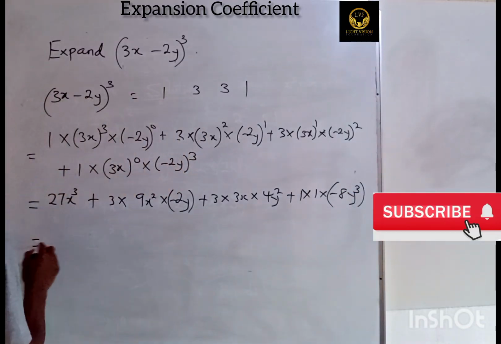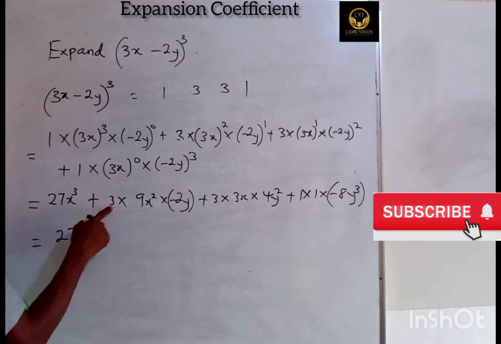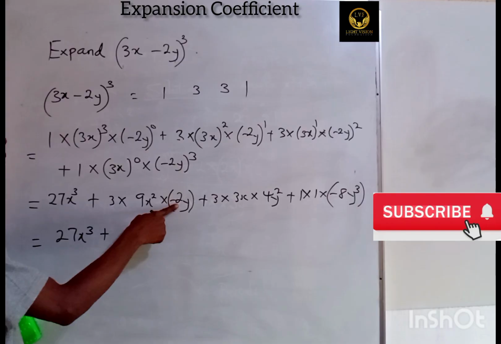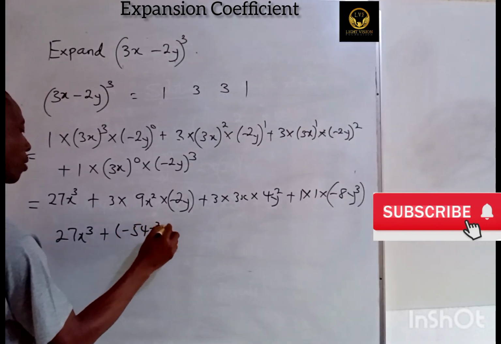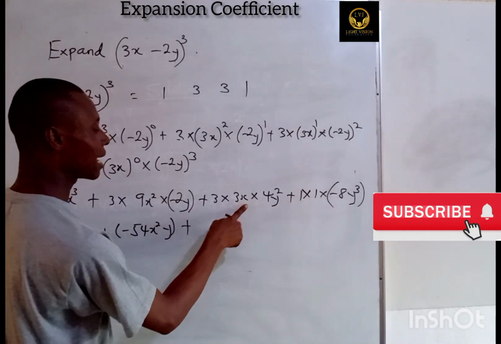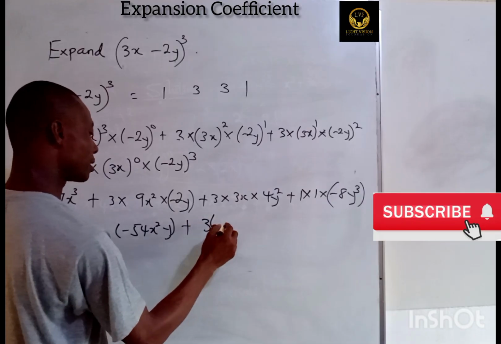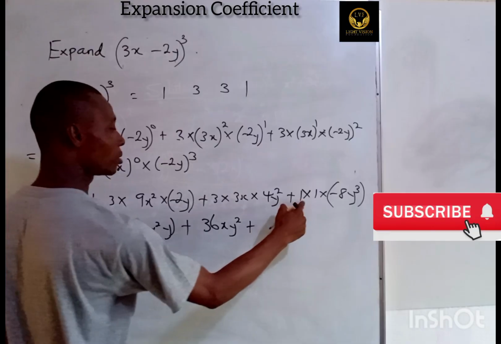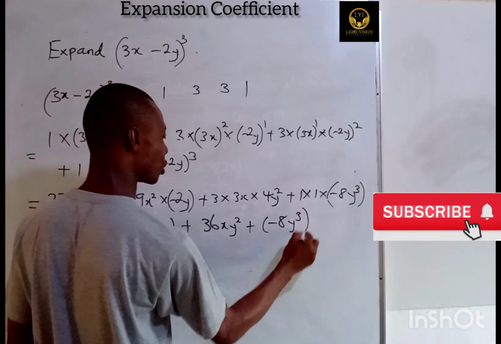So this becomes 27x cubed plus 3 times 9x squared, 27x squared, times minus 2y becomes minus 54x squared y, plus 3 times 3x, 9x times 4y squared is 36xy squared, then plus 1 times 1 times minus 8 is minus 8y cubed.